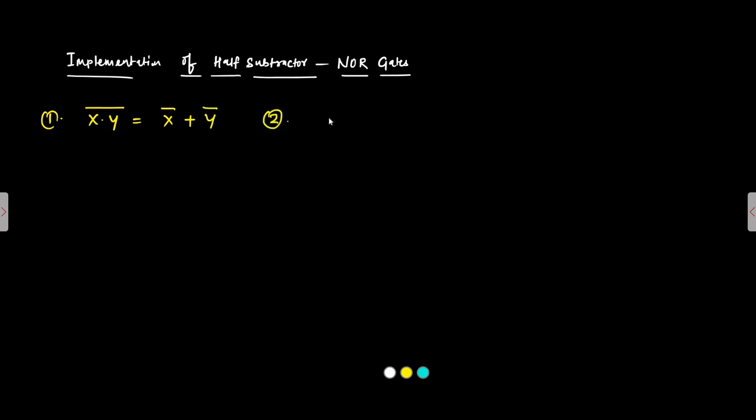Second one, x or y whole complement is x complement and y complement. Then x and x will be the same. Then x or x is the same.